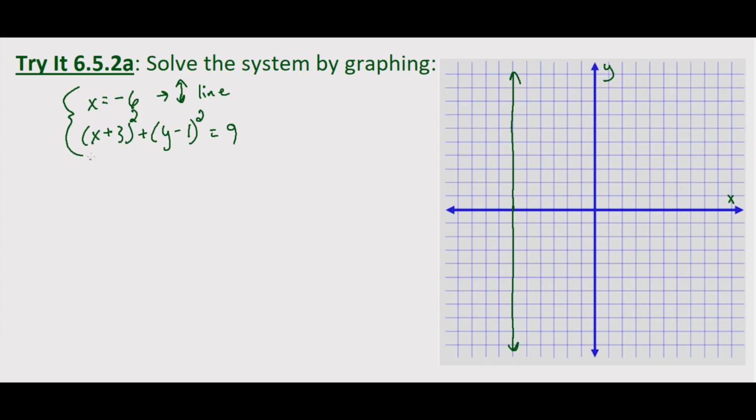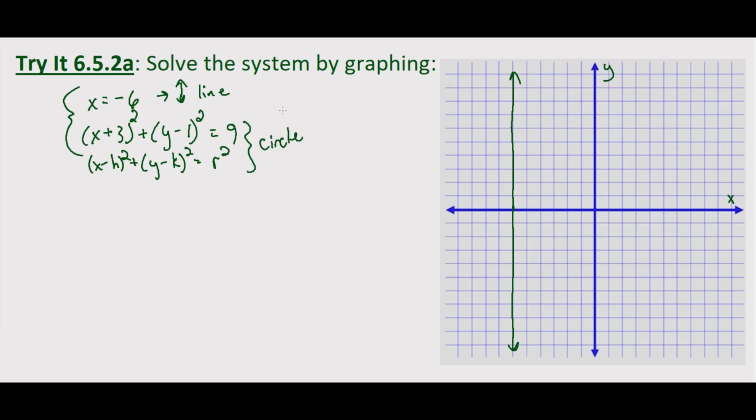We should recognize this as the form (x - h)² + (y - k)² = r². So again, this is a circle.